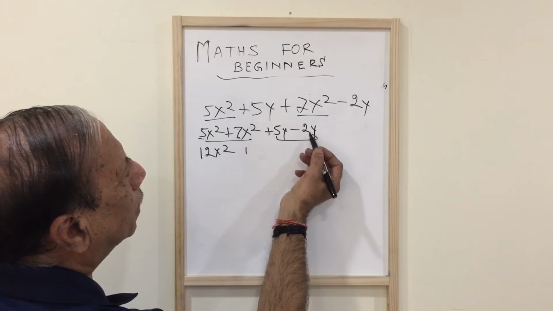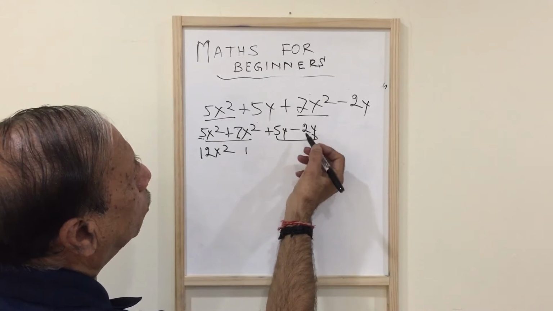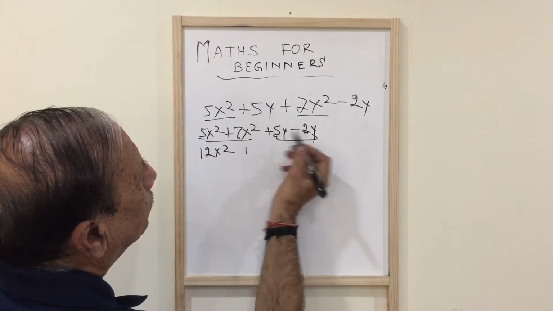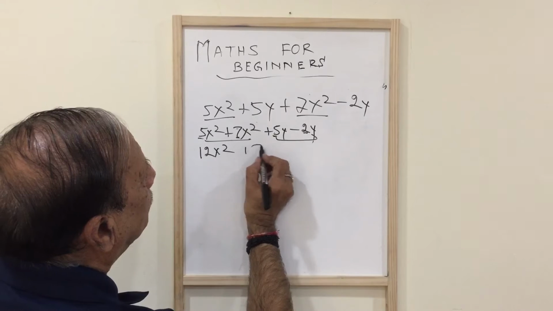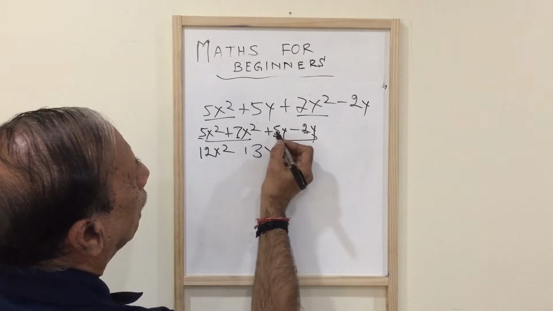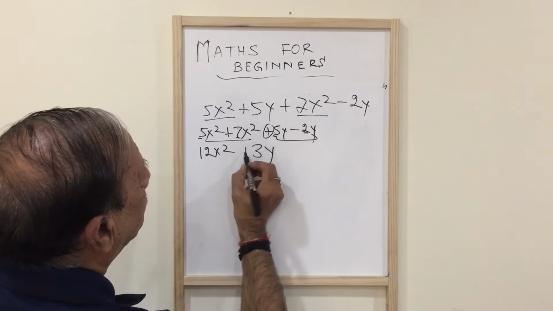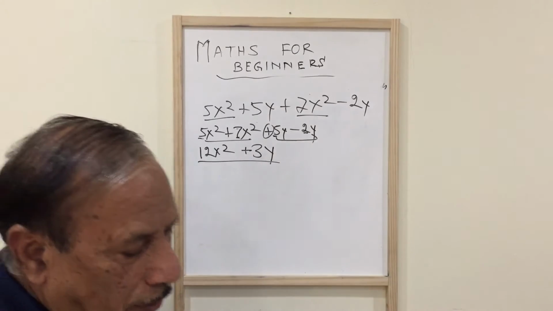This is 5y and this is minus 2y. 5y is bigger than minus 2y. So from these coefficients you have to subtract 2 from 5. So it comes to 3y. And the bigger term's sign you have to put over there. Bigger is 5, which is plus. So you have to put that over there. So this is the answer of the solution.